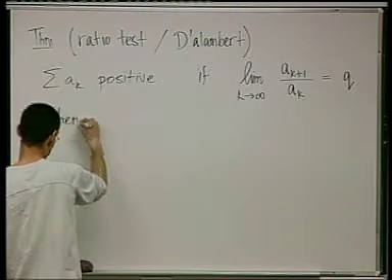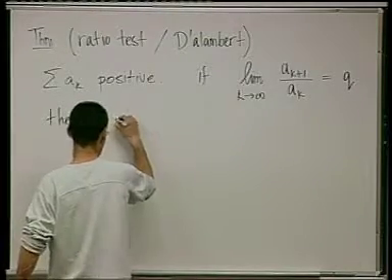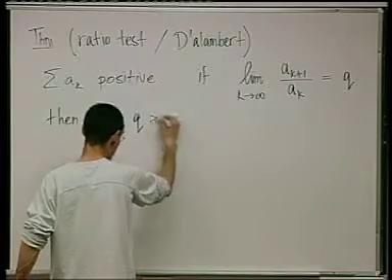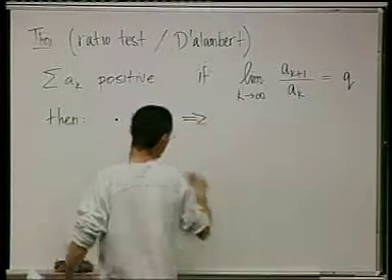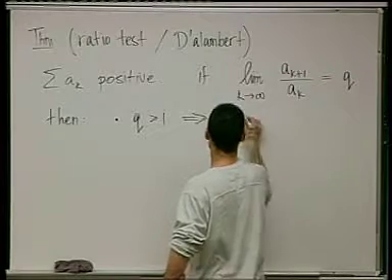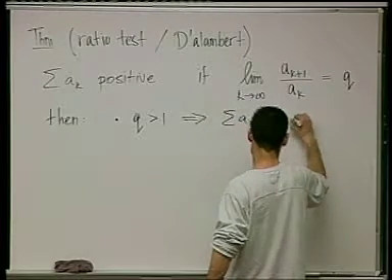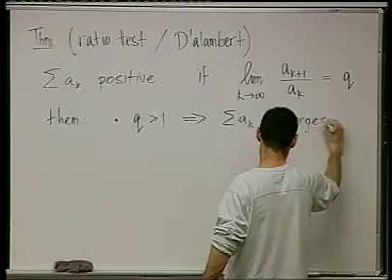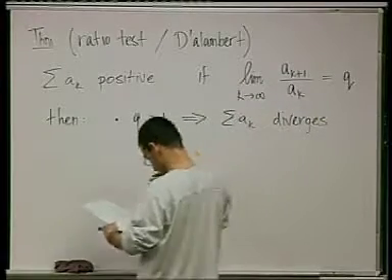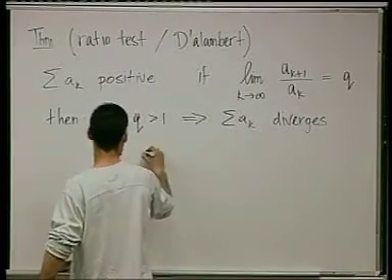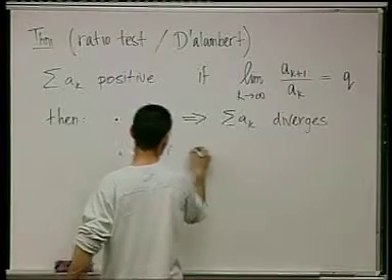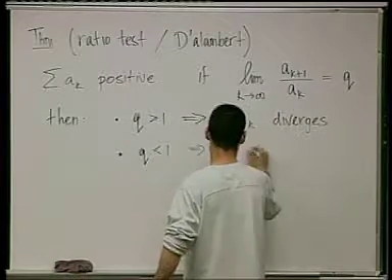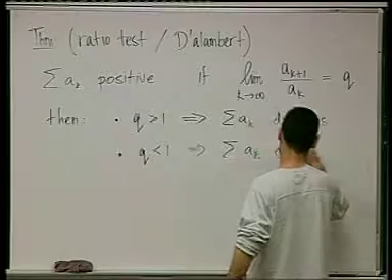then q is greater than 1 implies sigma ak diverges. And q is less than 1 implies sigma ak converges.